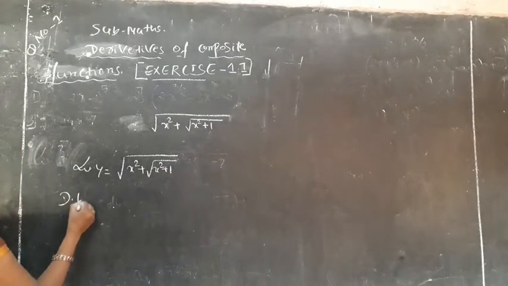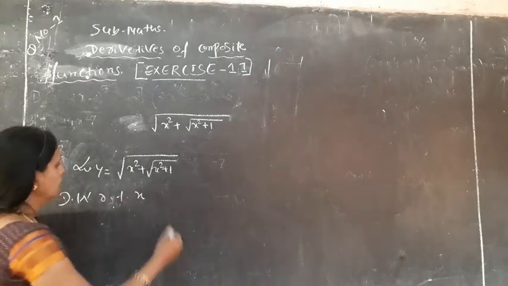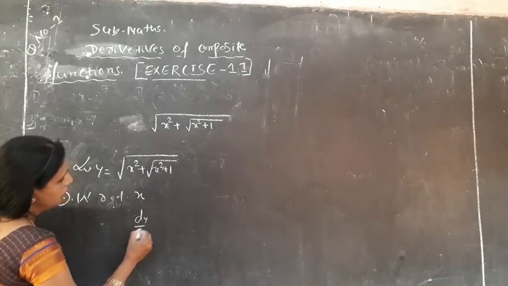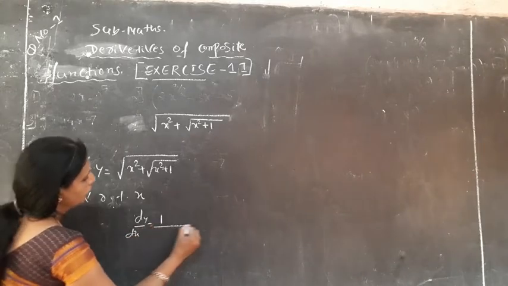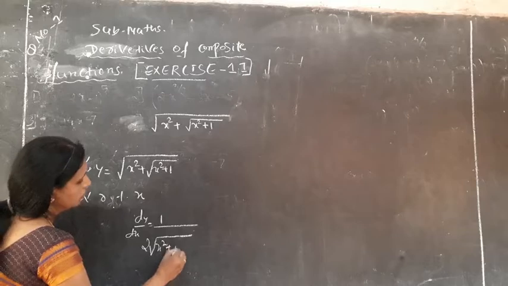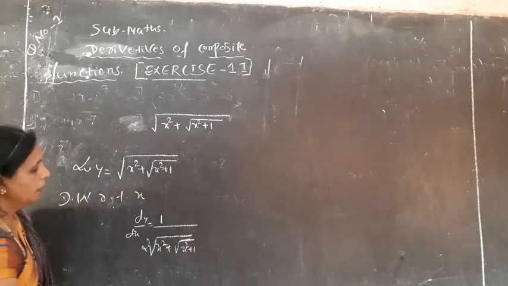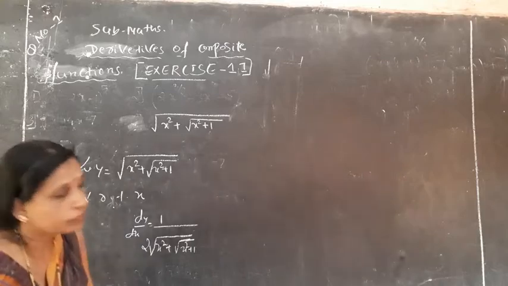Differentiating with respect to x. So this becomes dy upon dx equal to 1 upon 2 square root of x square plus square root of x square plus 1.